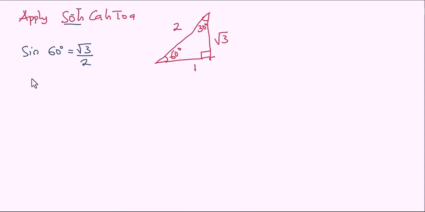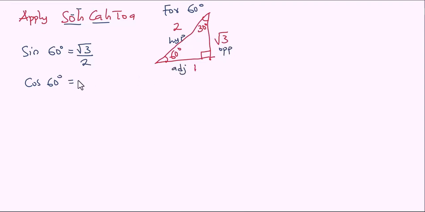Let's solve for cos 60. Cos 60 degrees is adjacent over hypotenuse. For 60 degrees, this is the hypotenuse, this is the opposite, and this is the adjacent.